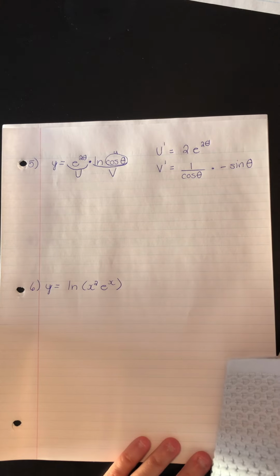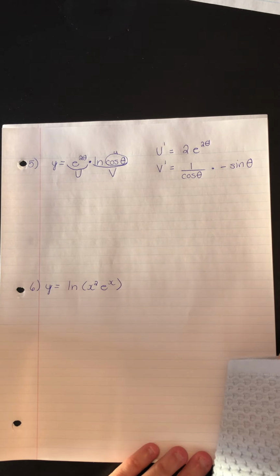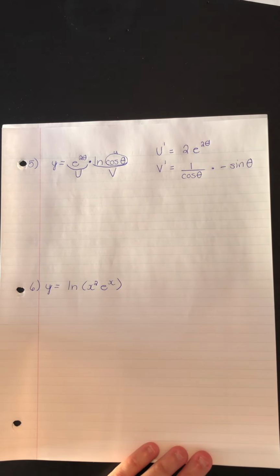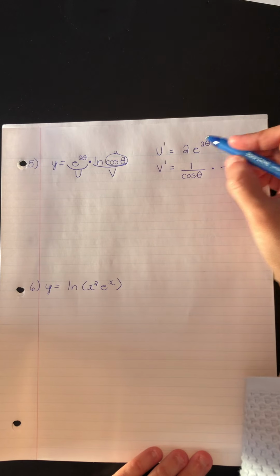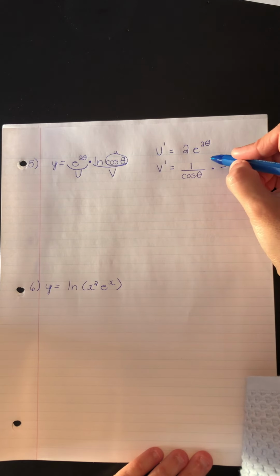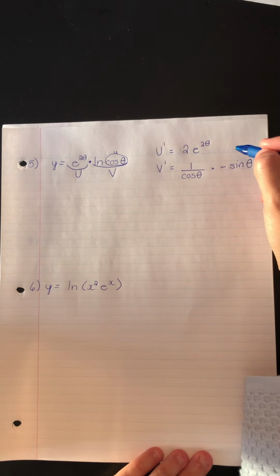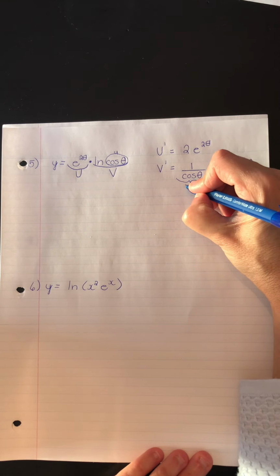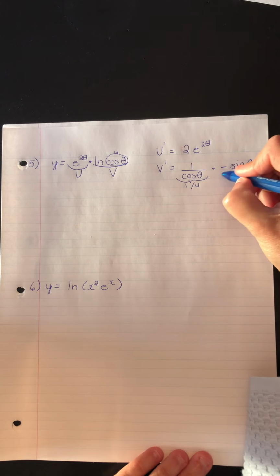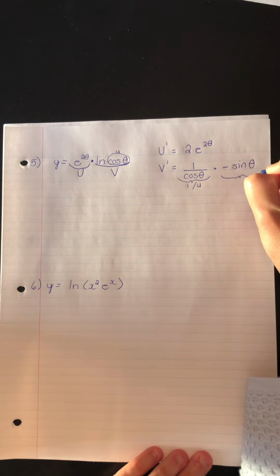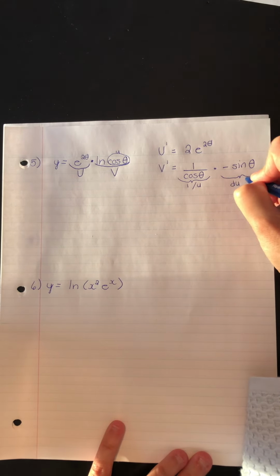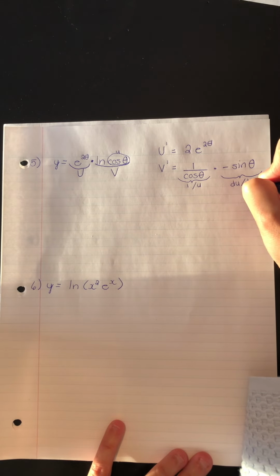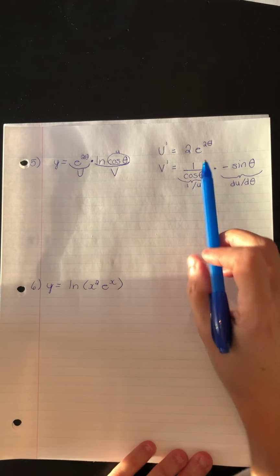There we go. So again, those are the two required portions for our rule. This part right here is the 1 over u part. I was just wondering where to put my little markings. If you like to have little markings, that's the 1 over u part. And this part here is the derivative of u with respect to theta. Okay, but what is this equal to?